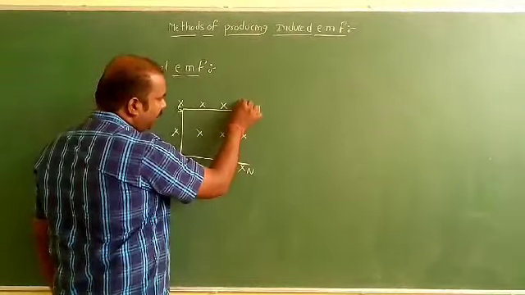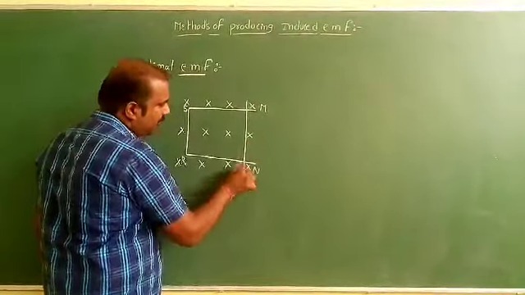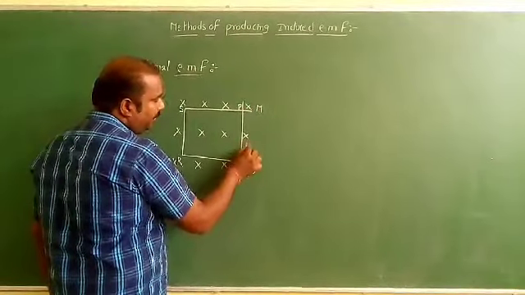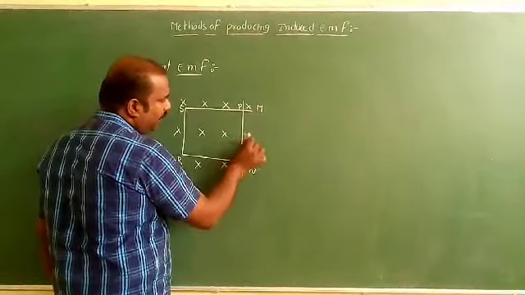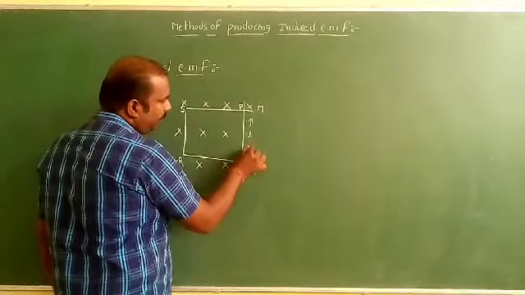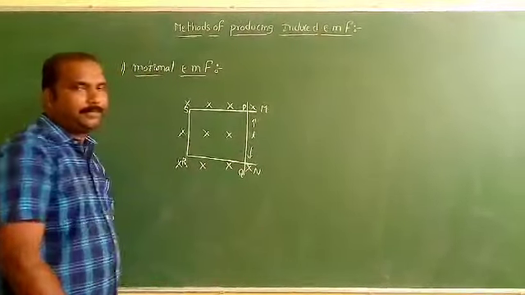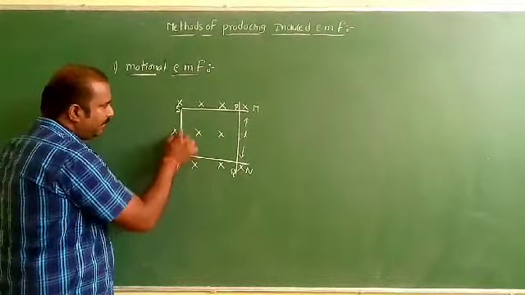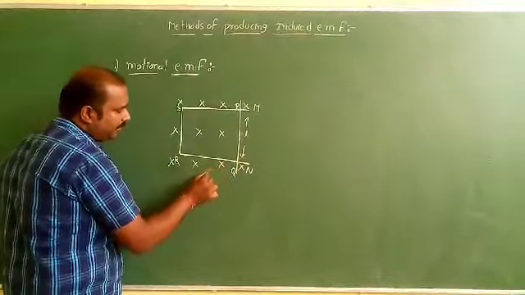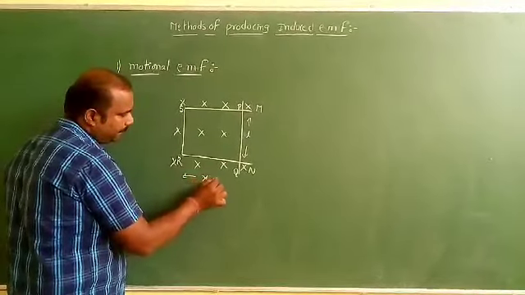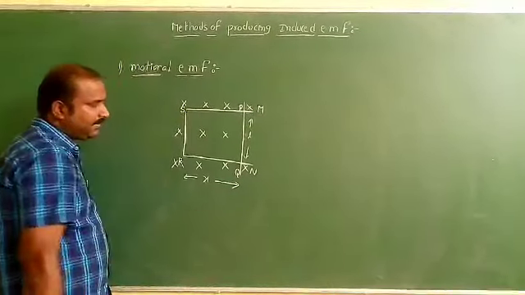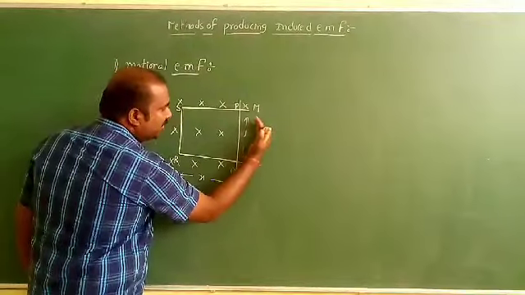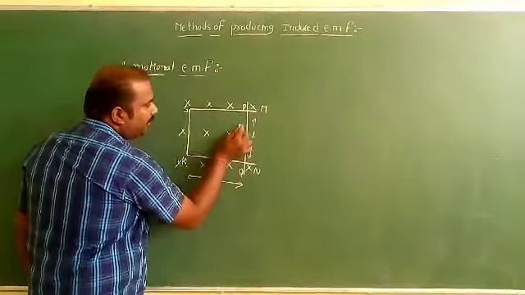On this rectangular conductor, I am taking one more conductor, PQ of length L. Now, the distance between SR and PQ is X. Now, I am moving the conductor of length L towards left with a velocity V.